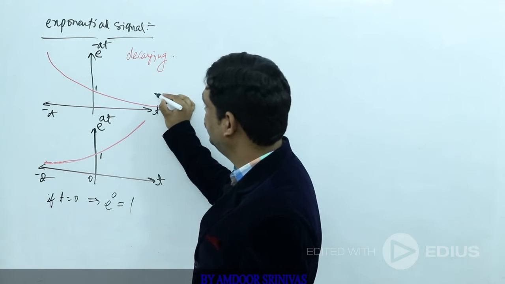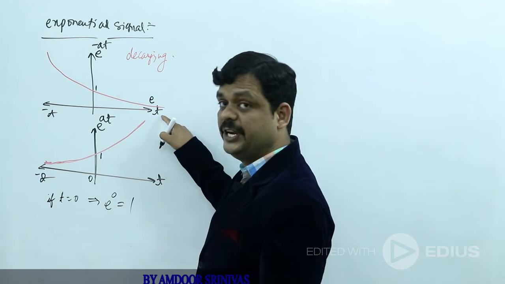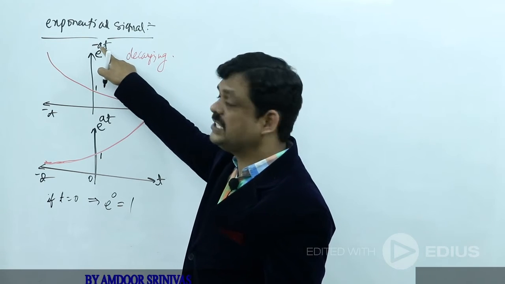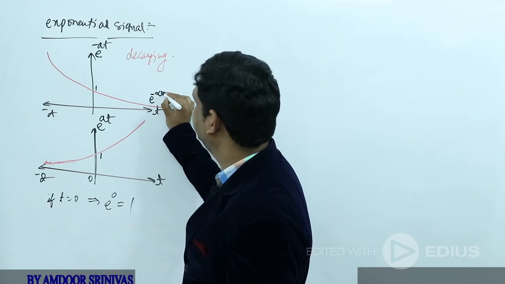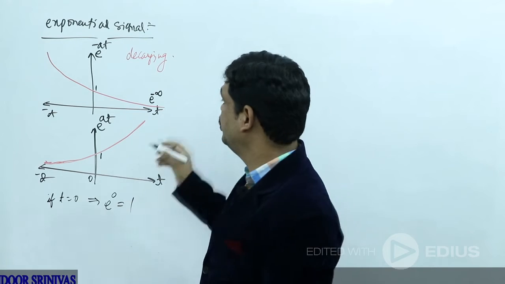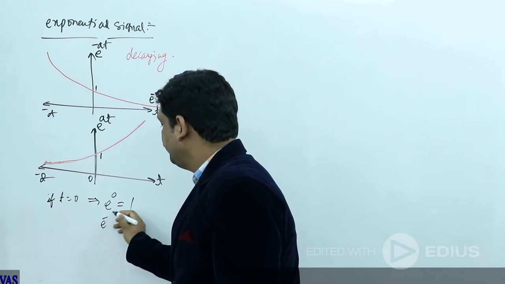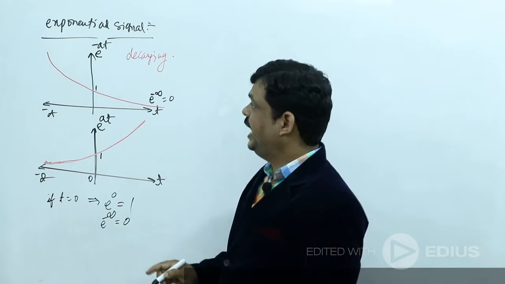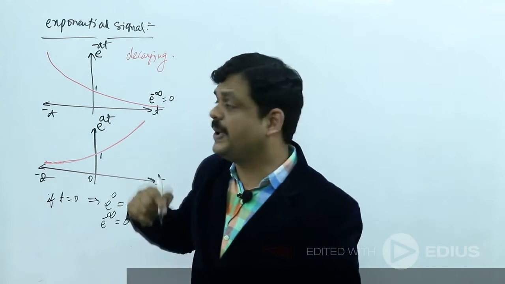And on this side I am applying t is infinity now. If you substitute infinity here, infinity into minus, it becomes minus infinity. So e to the power of minus infinity. E to the power of minus infinity value is how much? 0. So please remember, these are some standard values. E to the power of minus infinity is 0. And similarly on this side I am substituting t is minus infinity. Time axis is minus infinity.